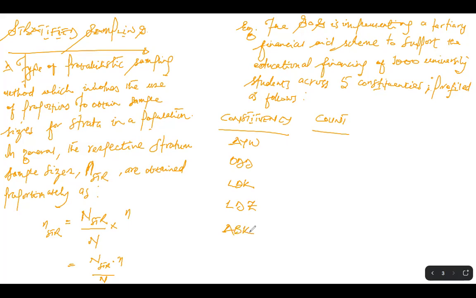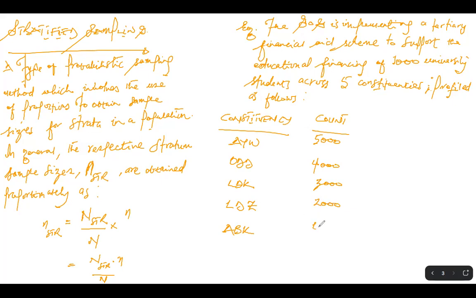Now, just for purposes of illustration, let's assume that Ayawaso is made up of 5,000 people. ODD is made up of 4,000 people. LDK, 3,000 people. Lejo, 2,000 people.